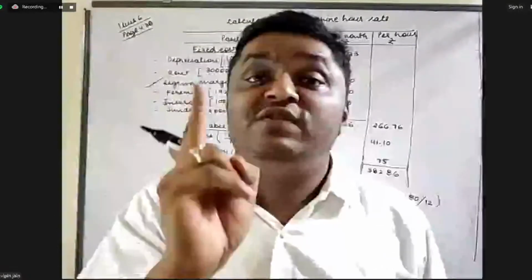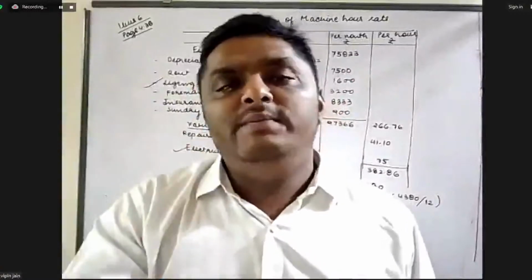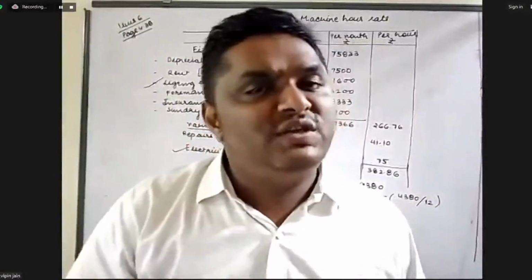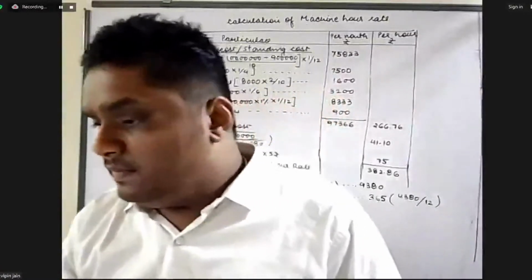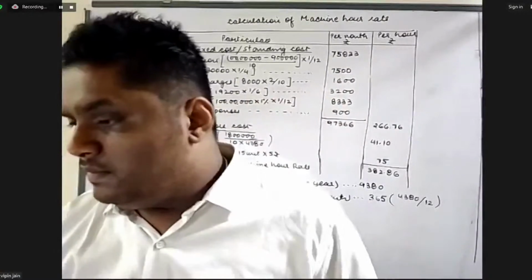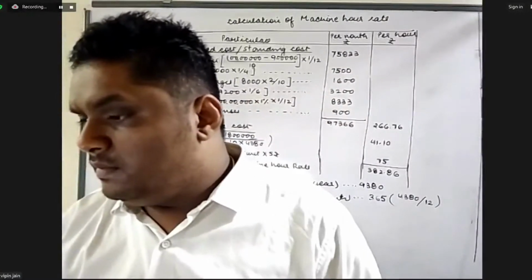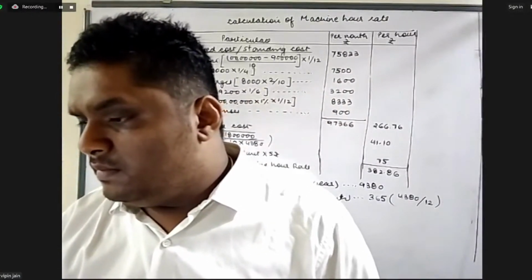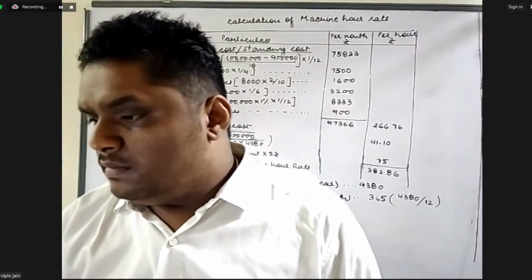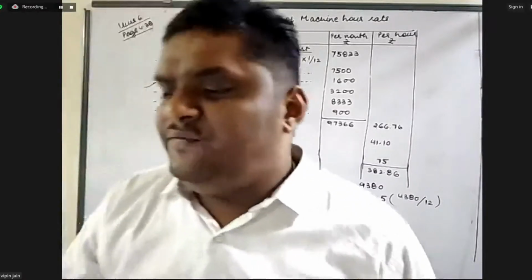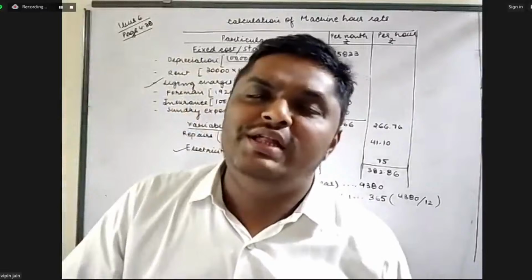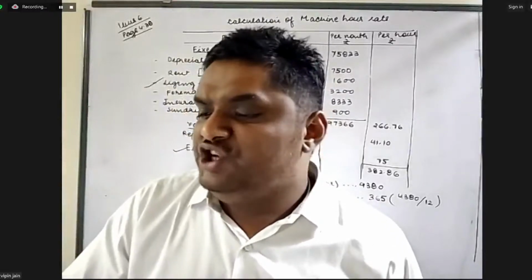We will get the depreciation for the year. If we divide it by 12 months, we will get the depreciation for the month. Herein, we have to classify the cost in two parts only, that is fixed and variable, Mr. Srinivasan.